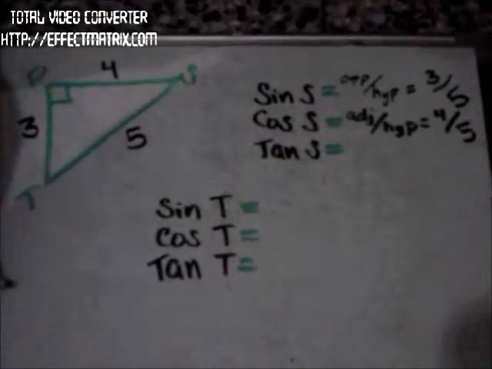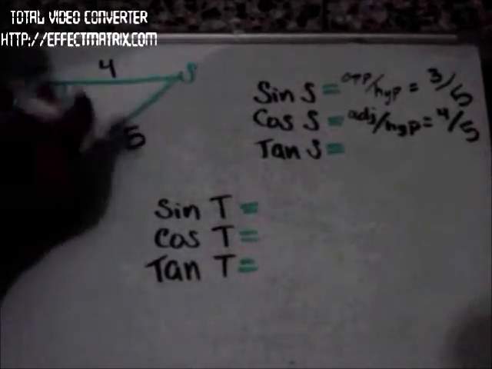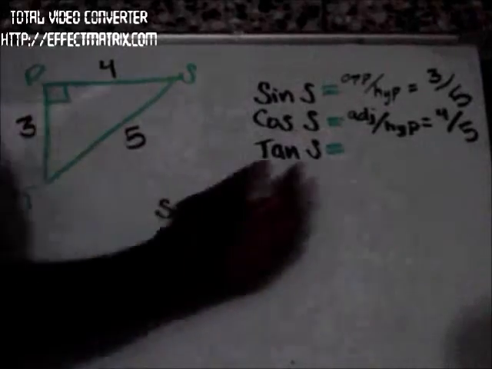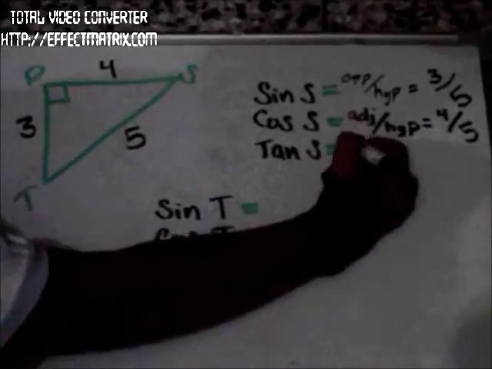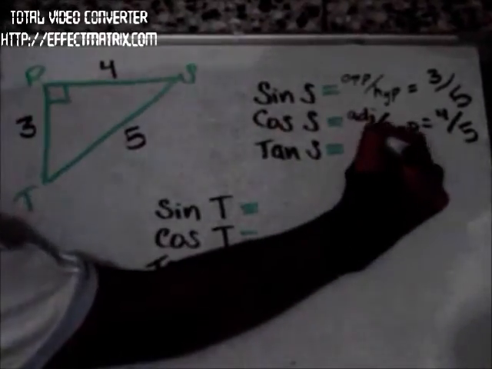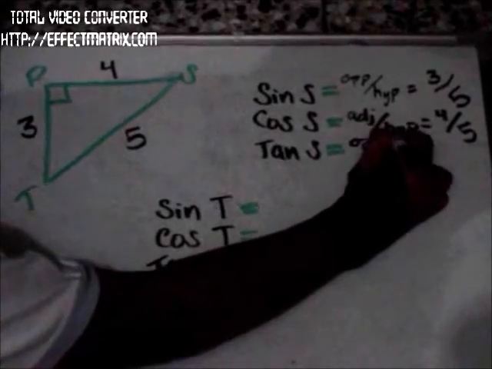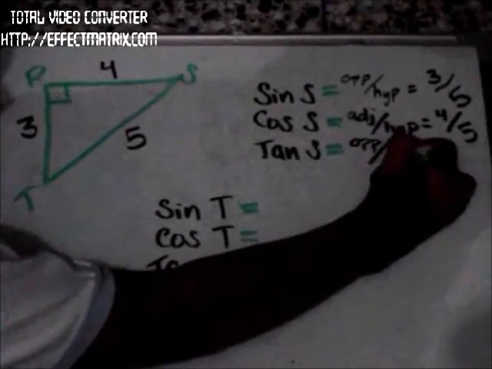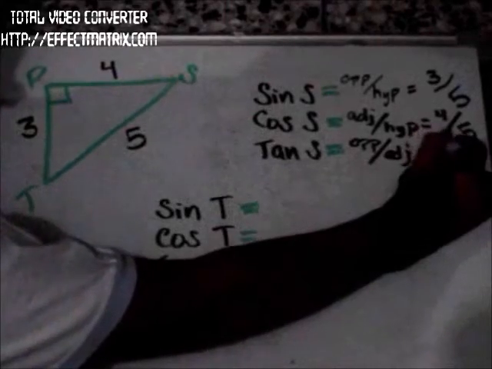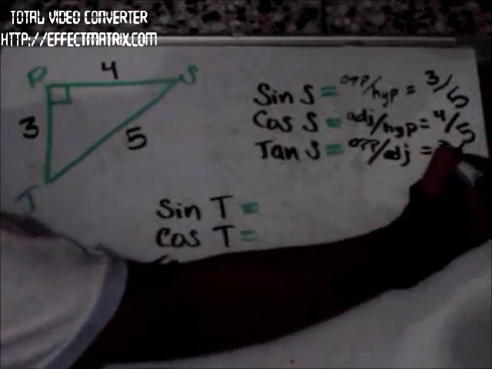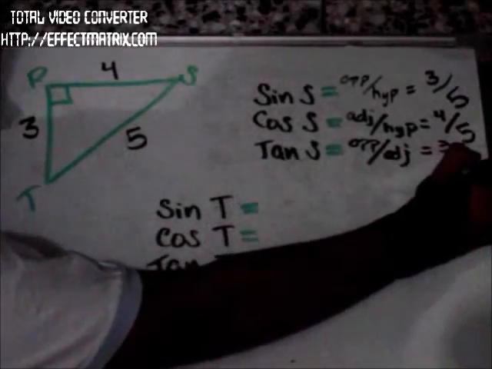The tangent of S would be the opposite side over the adjacent side. So, the opposite side would be 3, right? And the adjacent side would be 4.